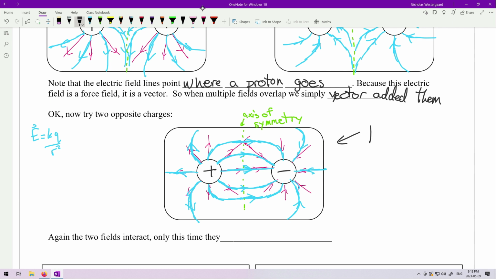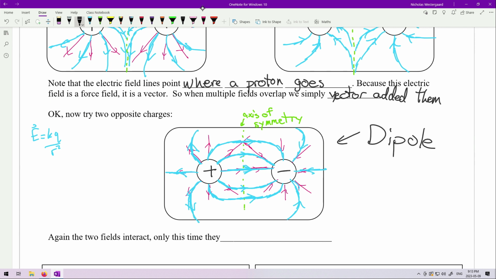This is called a dipole. It's called a dipole because it's di, two, pole, two poles, a positive and negative pole, much like a magnet has a north and a south pole, and those have this exact same field shape. So dipoles, like magnets or charges in this case, always follow this exact shape.